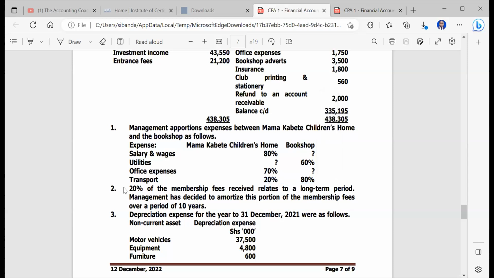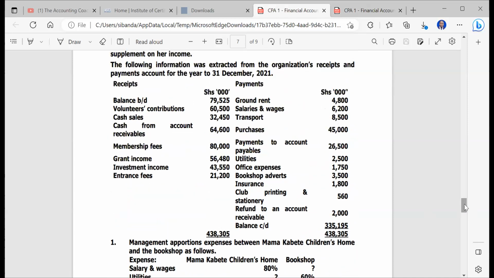Now, they proceed to tell us, now this is where the dynamics are also now coming through. They're telling us that 20% of the membership fees received relates to a long-term period. Now, one of the common things with not-for-profit is that their membership fees, some of them are annual membership fees, some of them we call them lifetime membership fees or long-term membership fees.